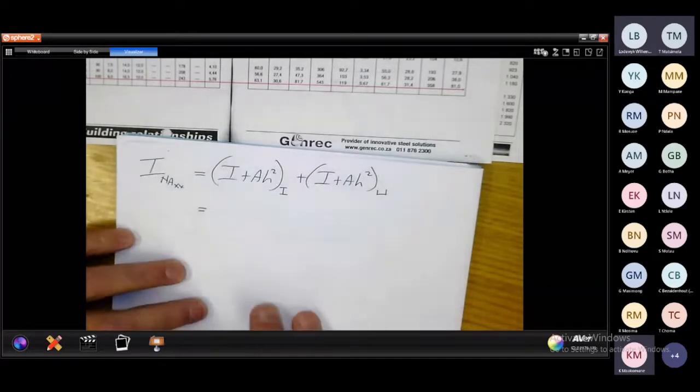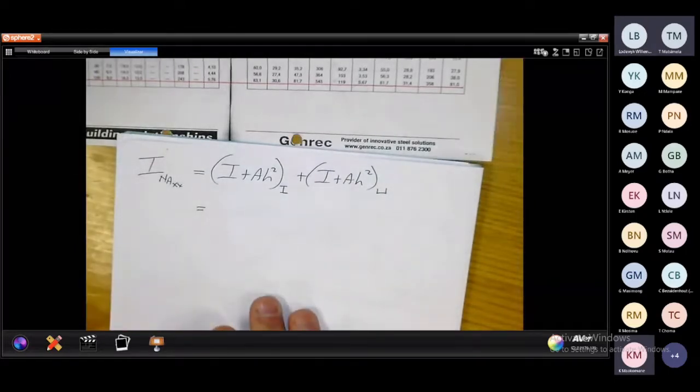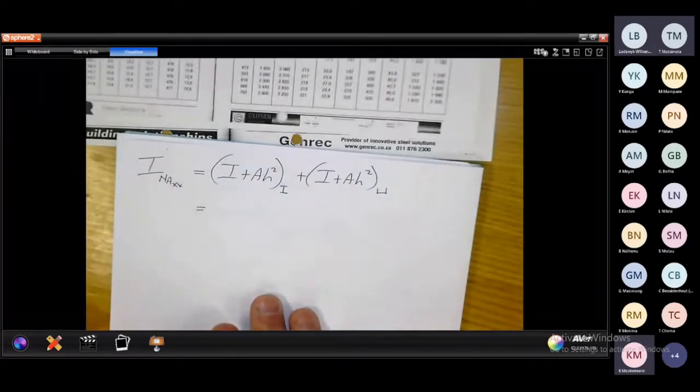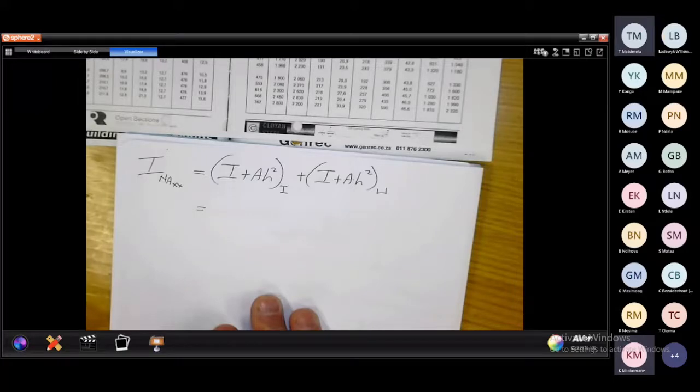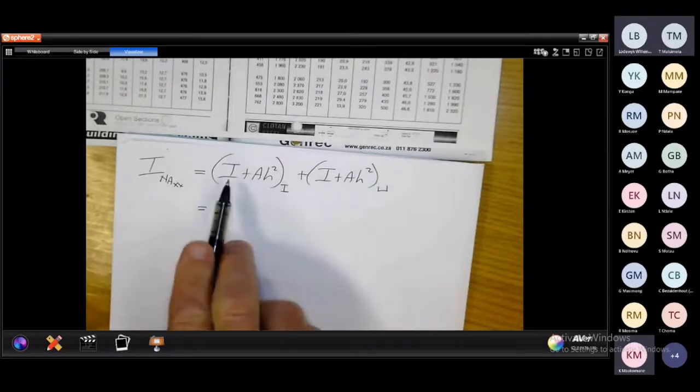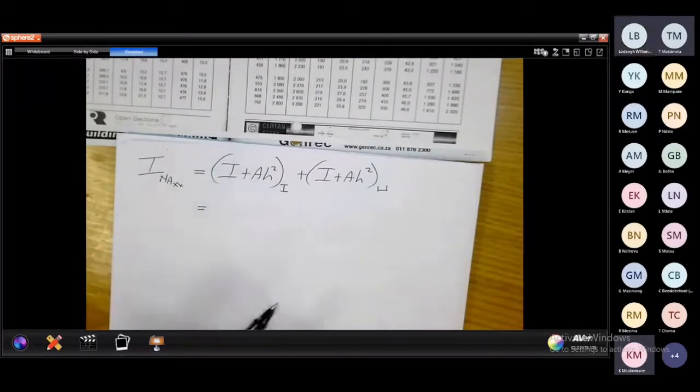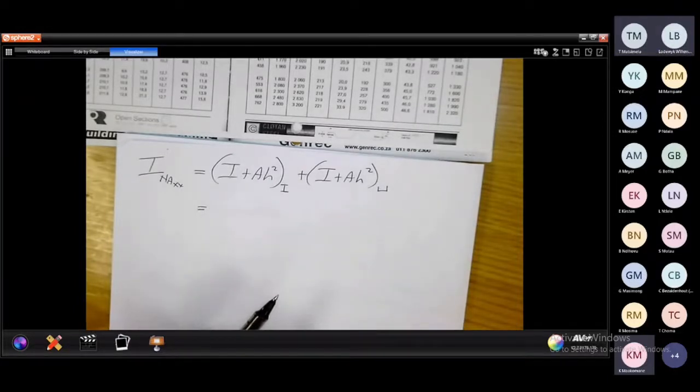In your blue book, who can tell me what is I for the I section? I is equal to what?